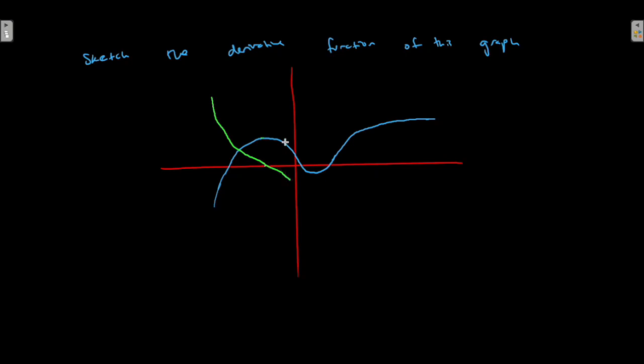The slope decreases, it becomes negative, and then it increases again and hits 0 once again, right here. And then it starts to gradually increase.